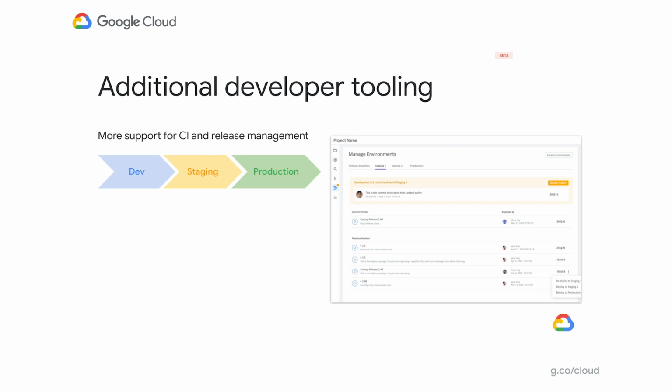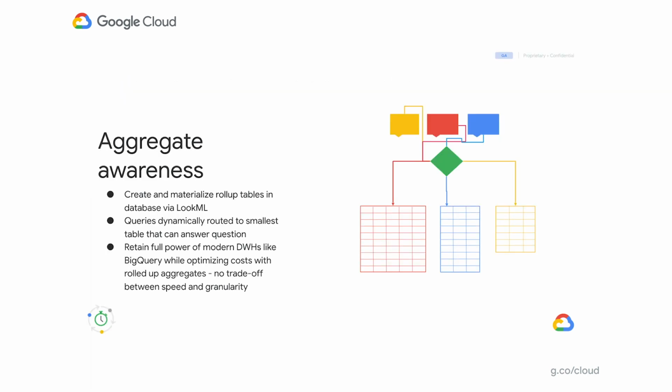We released it a few months ago, where you can create roll-up tables within Looker, and Looker's platform will have the intelligence to be able to dynamically optimize queries based on the questions or the query that's coming in. So if you're going for a granular piece of information, we can go to the full granular table. If you're looking for a summary, we can go to the high-level roll-up.